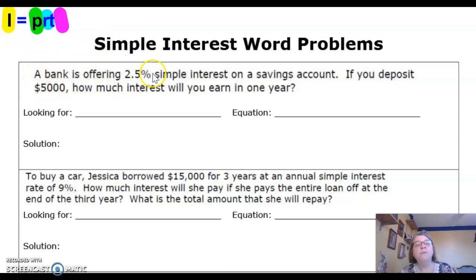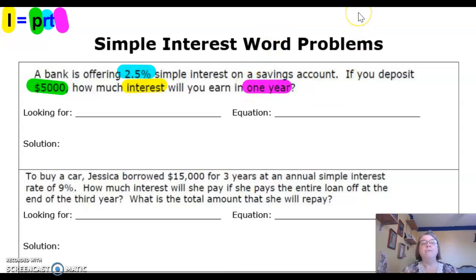All right, so I'm looking first, and I can see that the bank is offering 2.5%, which is my rate. So I'm going to highlight that in blue right here, 2.5%. And it says that I'm going to deposit $5,000. Well, that's money, so I'm going to highlight that in green. And it says how much interest, which is yellow, will I get in 1 year?